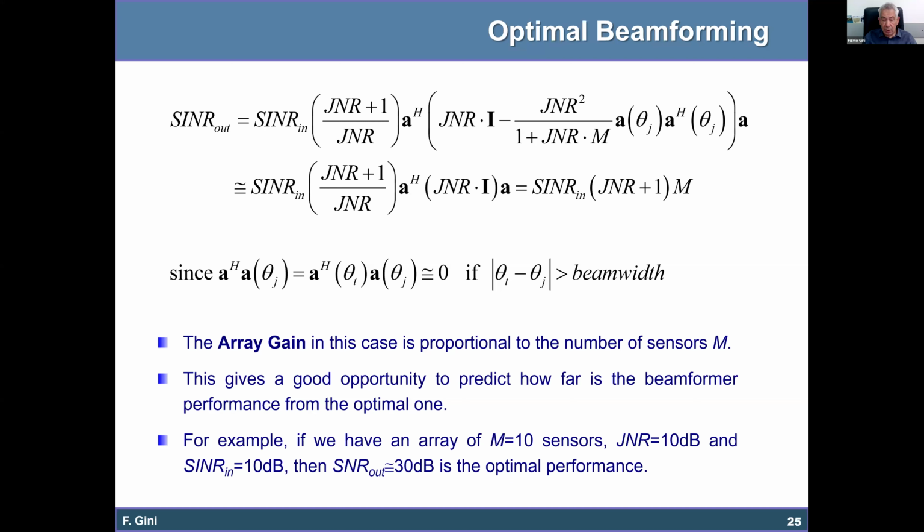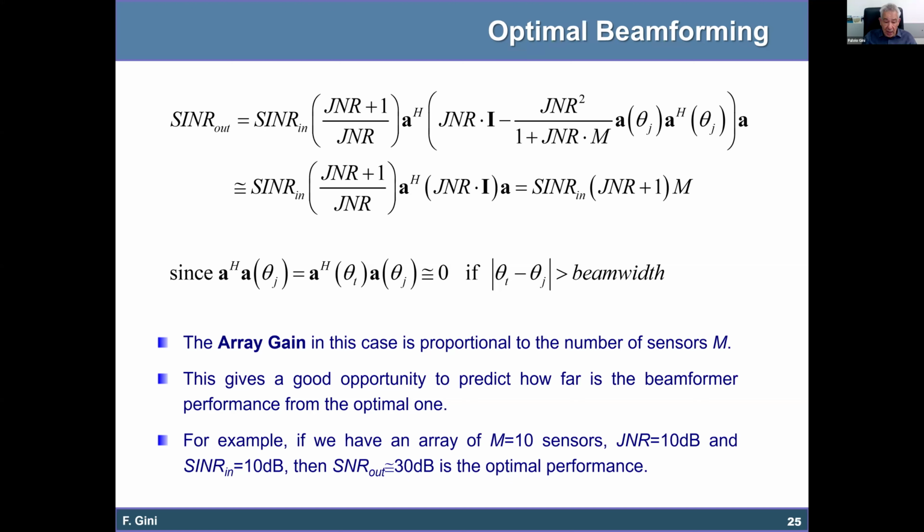In this scenario, where you have a single point-like source, a directional jammer, and white noise, the array gain is proportional to the number of sensors. So you can increase the array gain by increasing the number of sensors. Obviously, to increase the number of sensors, you have to put more money on the hardware.